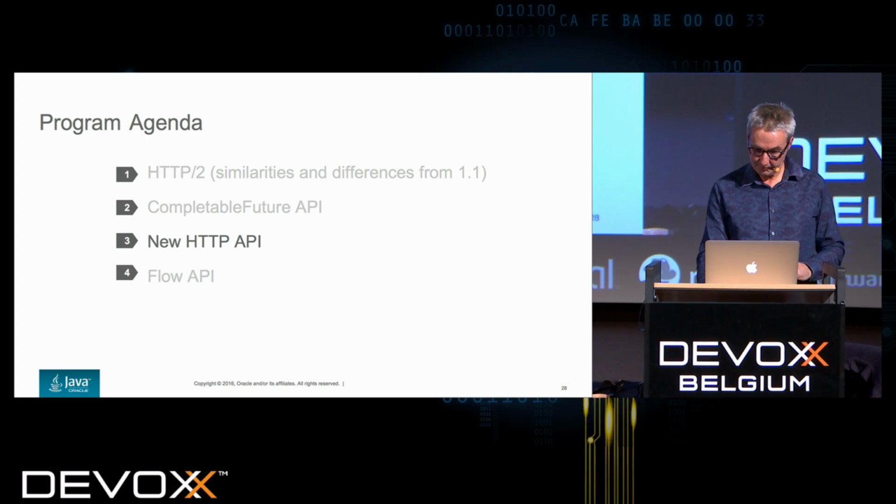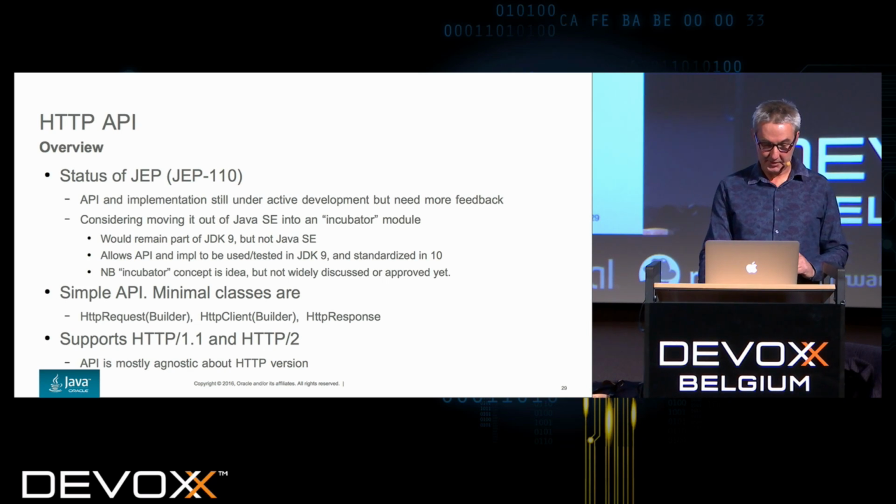So first I want to talk a little bit about the status of this work. The API and the implementation are still under active development as part of JDK 9, but we've decided we need a little more feedback. It's currently integrated in JDK 9, but we're still working on it.